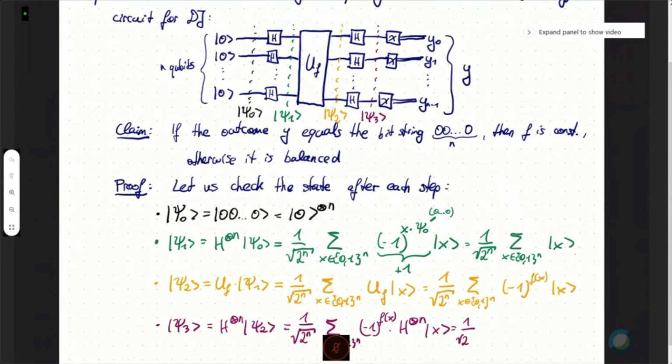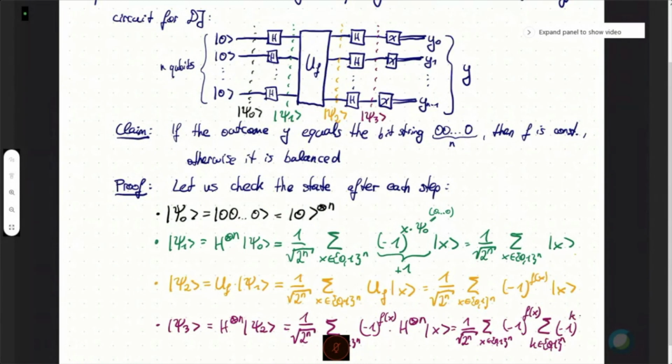We can rewrite that as a sum over all x. Now the same term again, but now we rewrite the Hadamard gate. We replace it with another sum, just as we did before: sum over all possible bit strings, (-1) to the power, and this time we're summing over the index k.